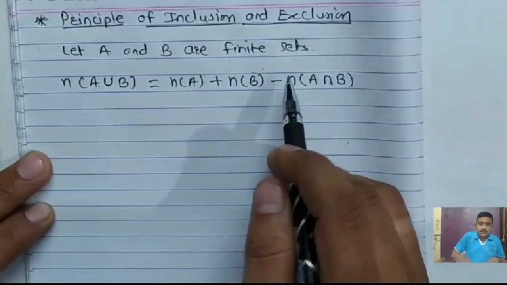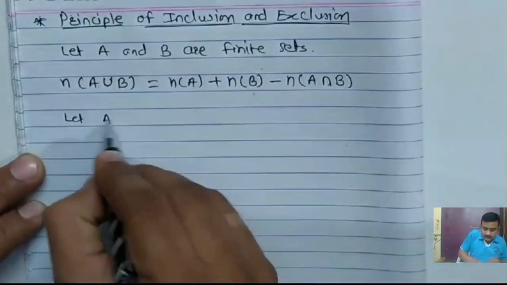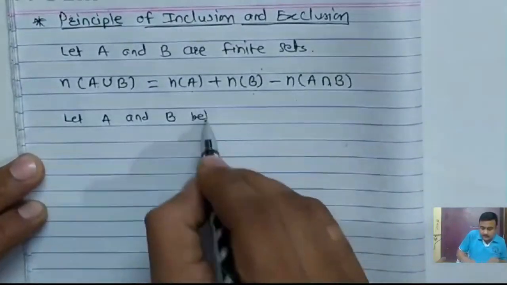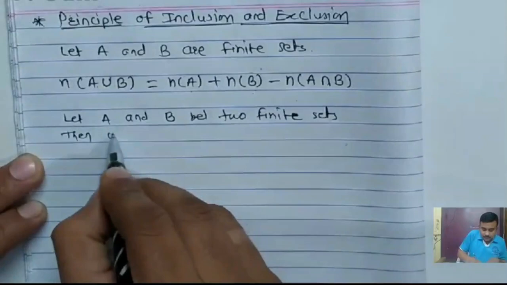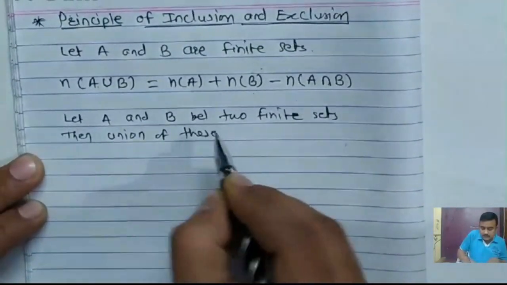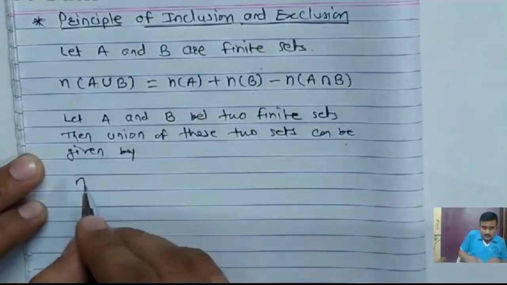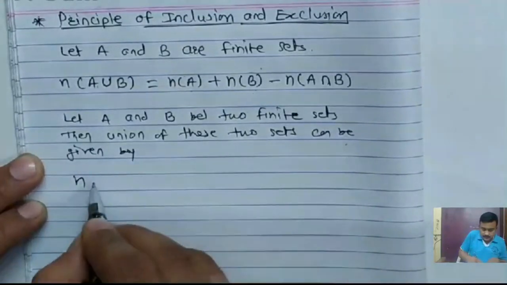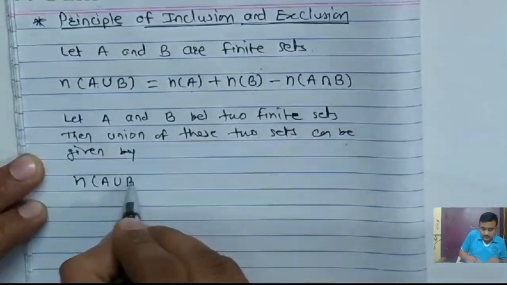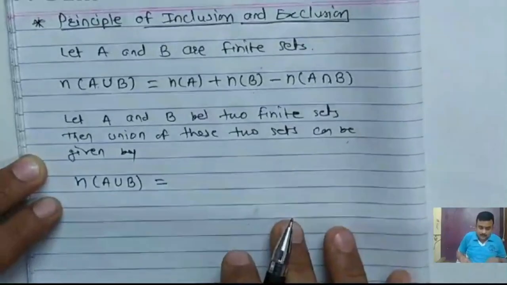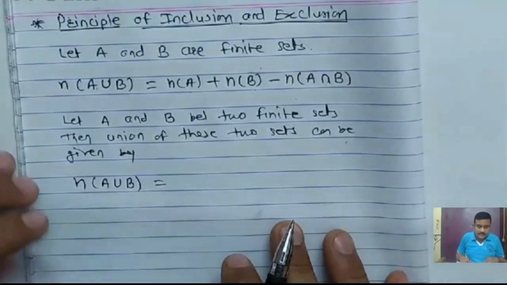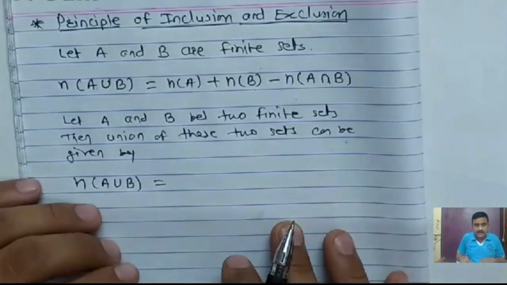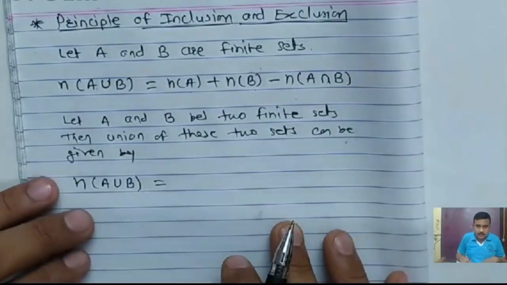We have to prove this. So let A and B be two finite sets. The union of these two sets, A union B, includes all the elements in A, all the elements in B, and the common elements in both.